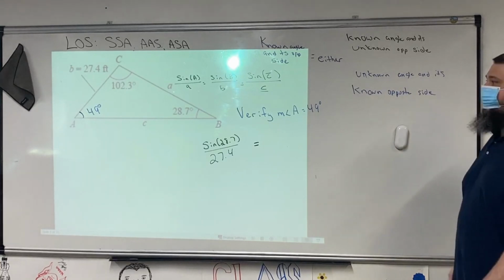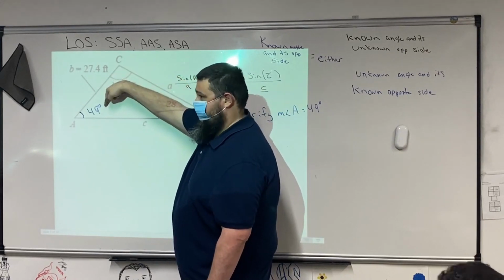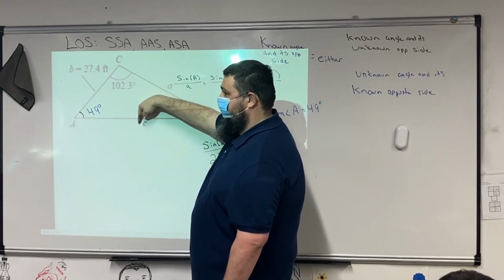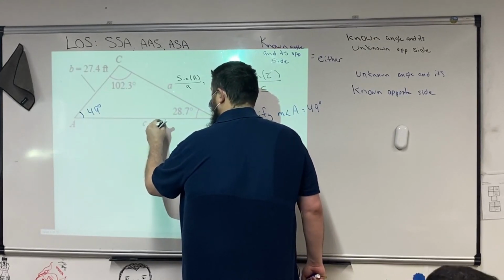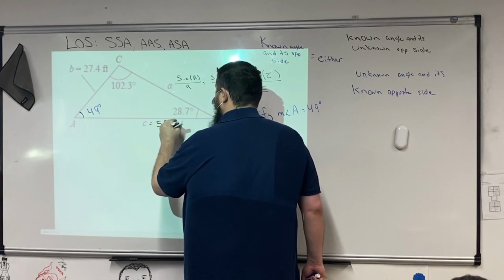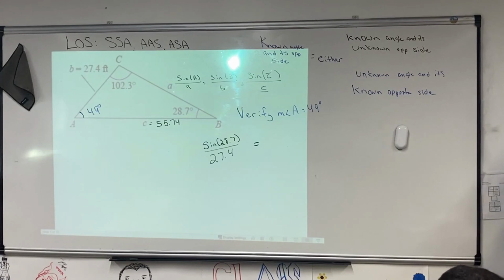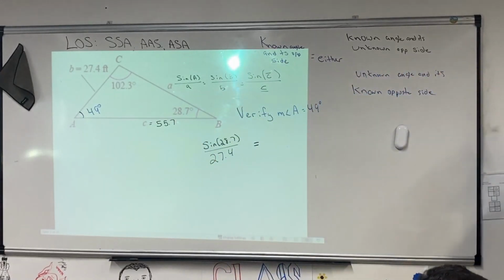Now, I will say this. Technically, we have the angle and sine here. This angle, we found this opposite side, didn't we? What was it, 55.7? So, don't shoot the messenger on this one, but let's use that rounded version right there just to see.